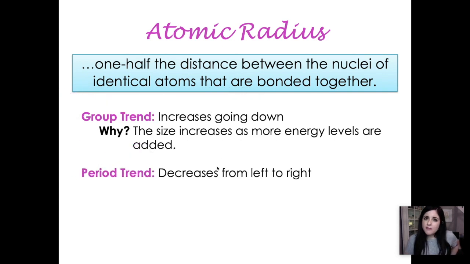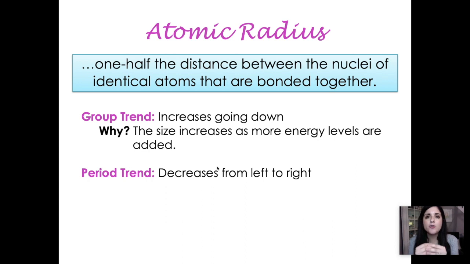The period trend is a little bit different. As I go across a period, atoms are actually going to get smaller. For example, lithium is going to be much bigger than neon. Why is lithium a much bigger element than neon, even though neon has more electrons? Well, it has to do with the number of protons. As you add protons to the nucleus, the nucleus gets a more positive charge and becomes stronger.